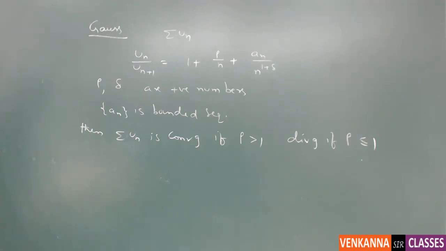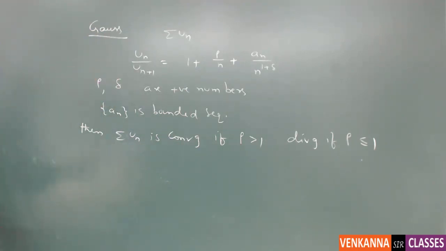So please take a note of it. One problem is enough to discuss over this concept. The test condition seems to be very confusing. Please understand that after calculating un by un plus 1, you are simply applying the binomial theorem and having an expansion there.